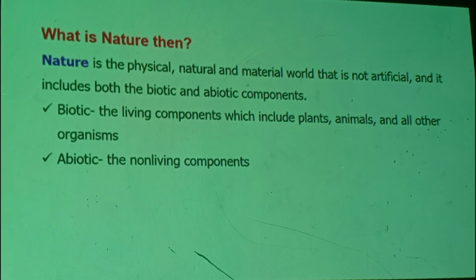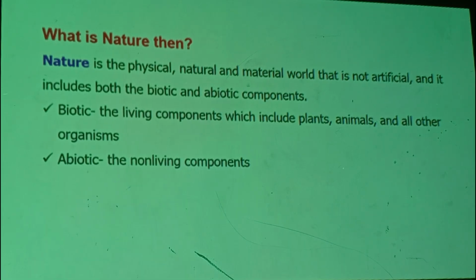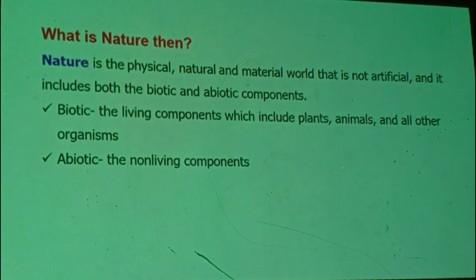Therefore, our domain is biotic, the living component of nature. When we imitate in biology, we imitate living organisms. Therefore, we need to study living organisms, how living organisms solved their problems, so that it may be used.